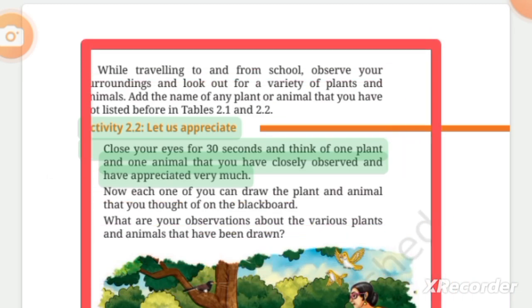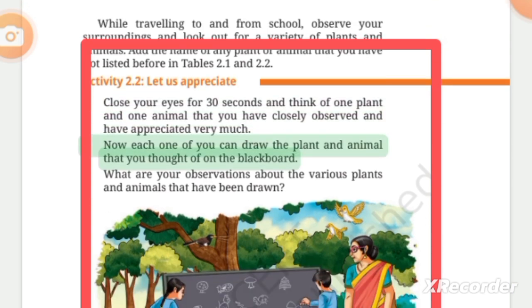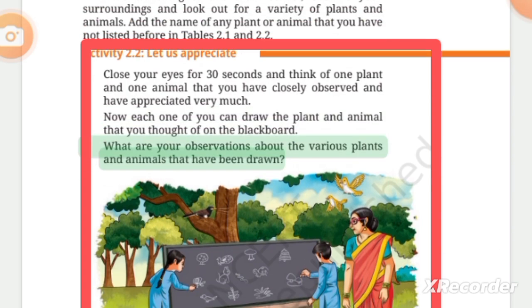Close your eyes for 30 seconds and think of one plant and one animal that you have closely observed and have appreciated very much. Now each one of you can draw the plant and animal that you thought of on the blackboard. What are your observations about the various plants and animals that have been drawn?